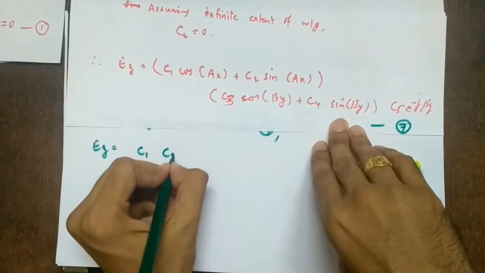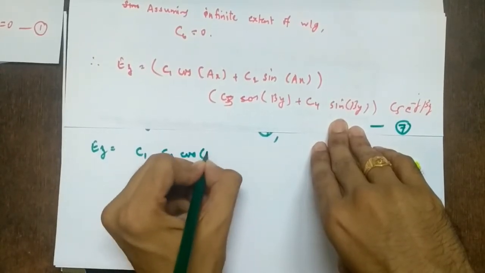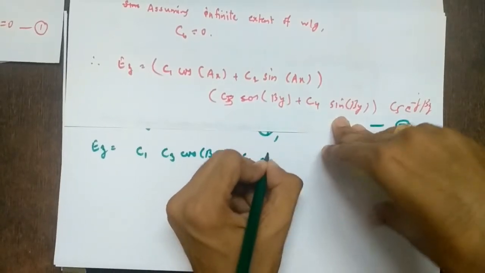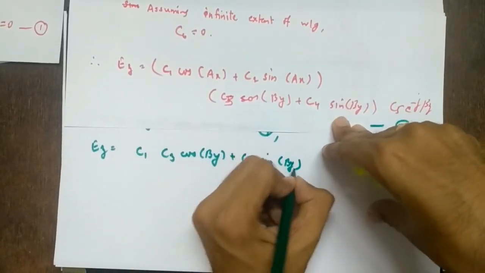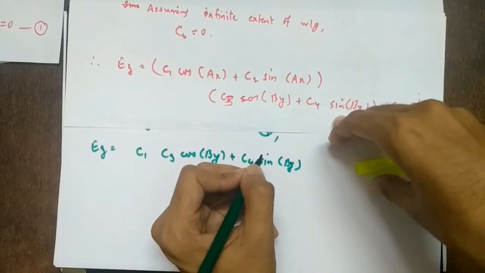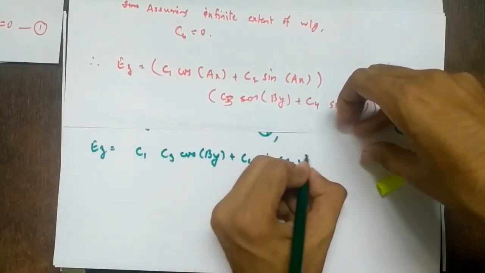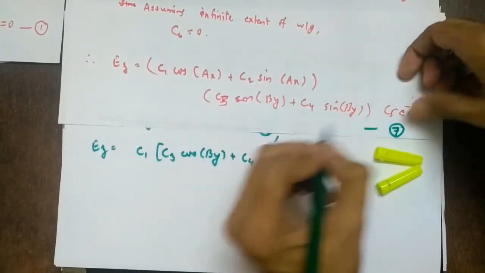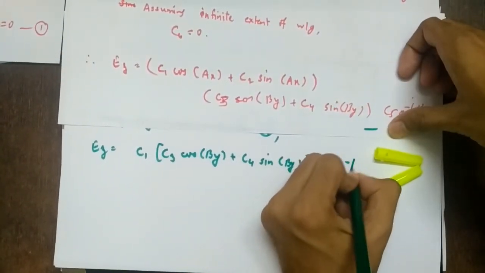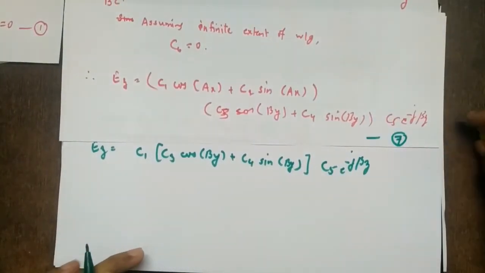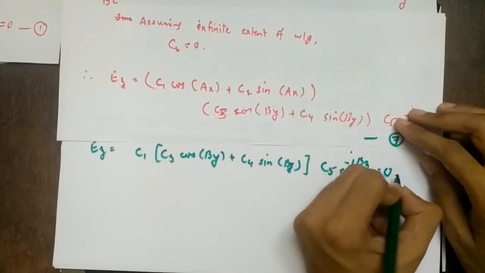So C1 into C3 cos by plus C4 sin by, into C5 e raised to minus j beta z, and this is equal to 0.